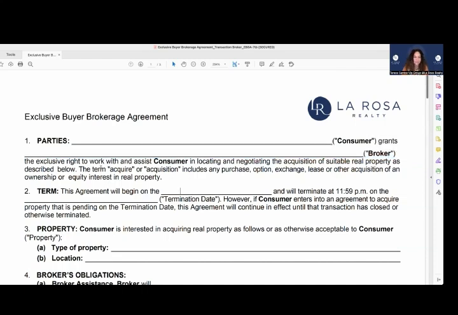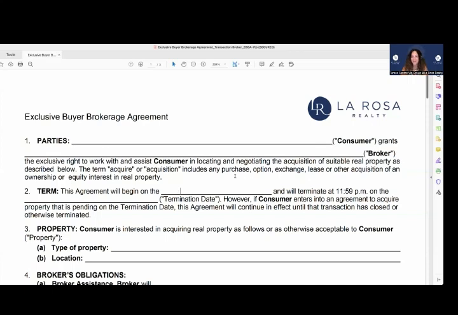Grants the broker the exclusive right to work with and assist consumer in locating and negotiating the acquisition of suitable real property as described below. The term acquire or acquisition includes any purchase, any option to purchase, any exchange, any lease, or other acquisition of an ownership or equity interest in the real property.